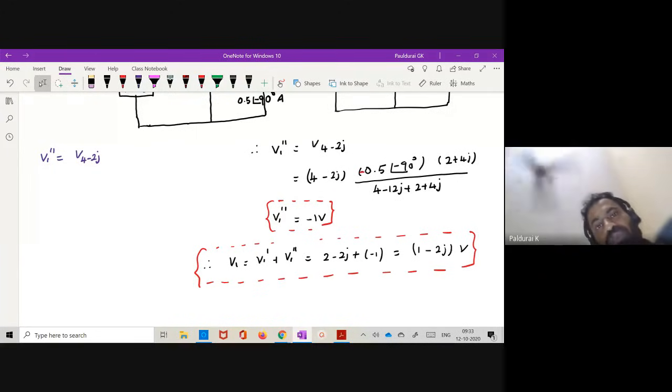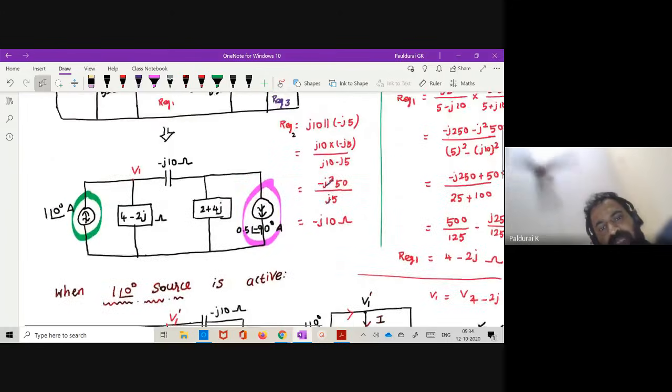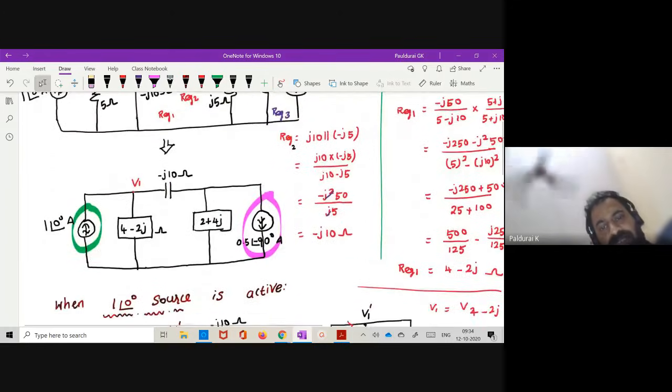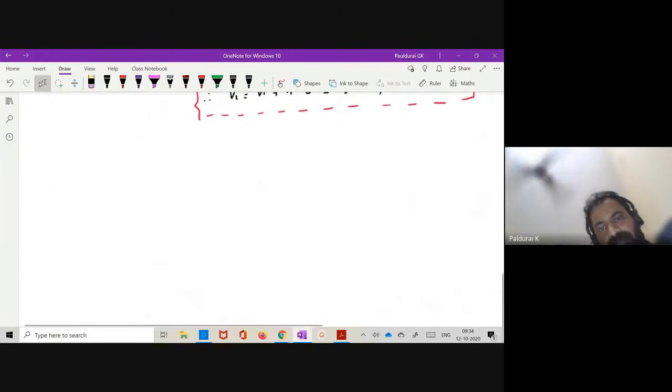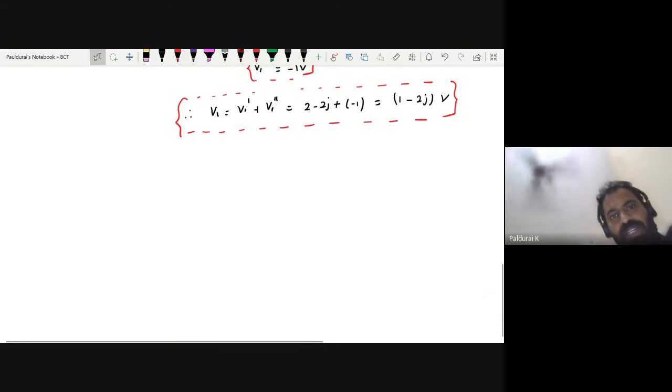Now I want to move to Thevenin and Norton's theorem. Have you taken this down? Now take the same problem. Put the heading: Thevenin's and Norton's theorem for AC circuits.